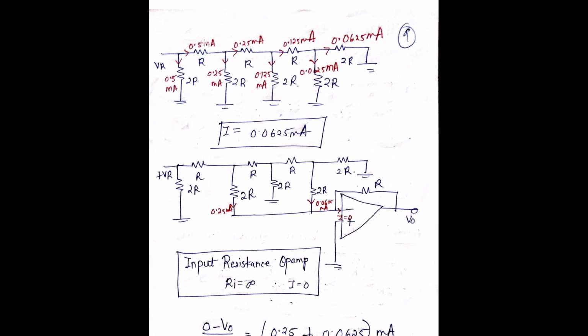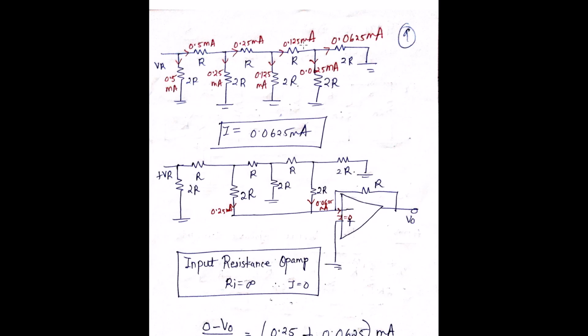Similarly, the 0.5 milliampere, again we can divide it into two parts because the equivalent resistance will be 2R, and this equivalent resistance will also be 2R itself. So it gets divided into two equal parts again, 0.25, 0.25. Again 0.25 divided by 2 becomes 0.125, 0.125.